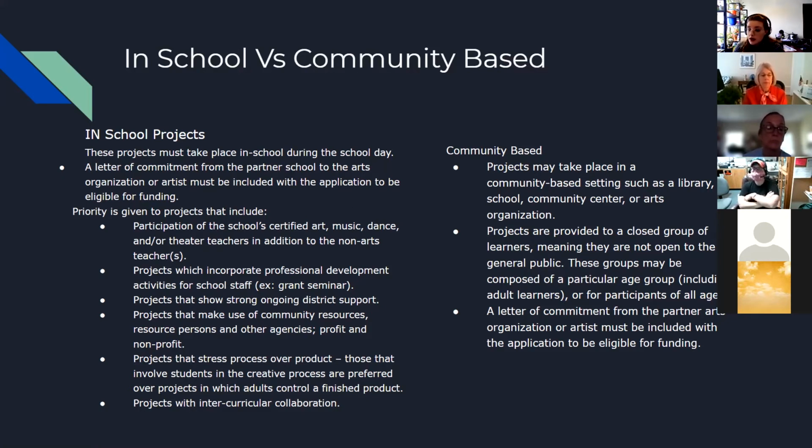Going forward, the community-based project is something that is set in a library, perhaps an after-school program, so it's not directly working with a specific class, but it is still working with the school, a community arts or arts organization. It's a lot easier to track with the in-school, but the community-based must still have a closed group of learners, and it is set to a particular group so that the skill set can be easily tracked.